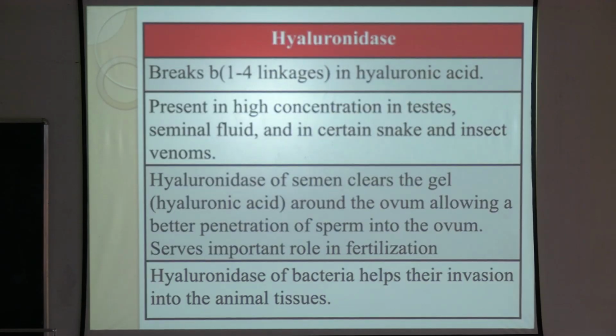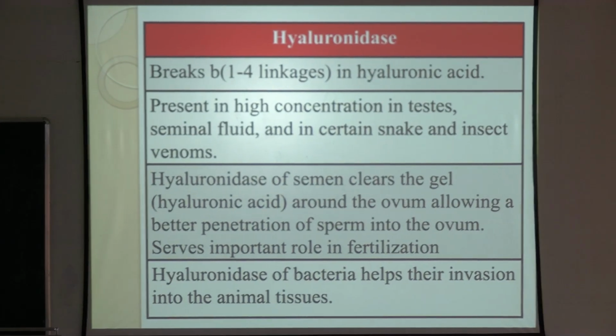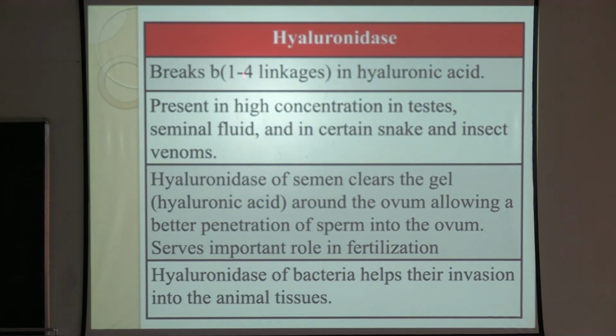Next. This may come as a short note or any question, explain why. Hyaluronidase is an enzyme that helps in breakage of beta 1,4 linkages of hyaluronic acid. It is present in high concentration in seminal fluid and in a few snake and insect venoms also.